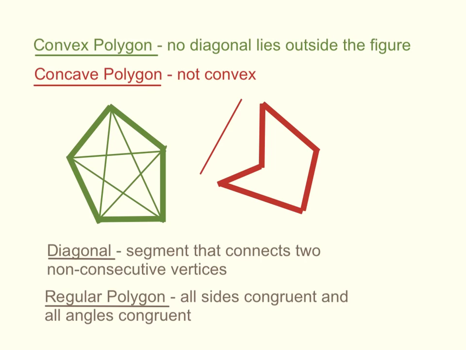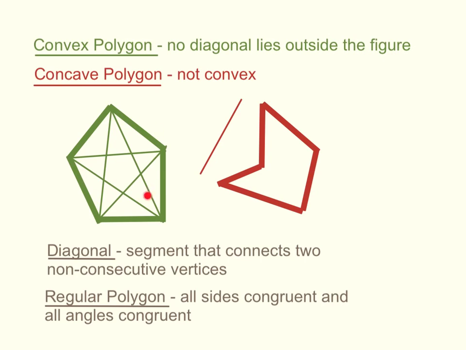And next we'll talk about a couple of different types of polygons. We have the convex polygons and the concave polygons. For convex polygons, there are no diagonals that lie outside of the figure.